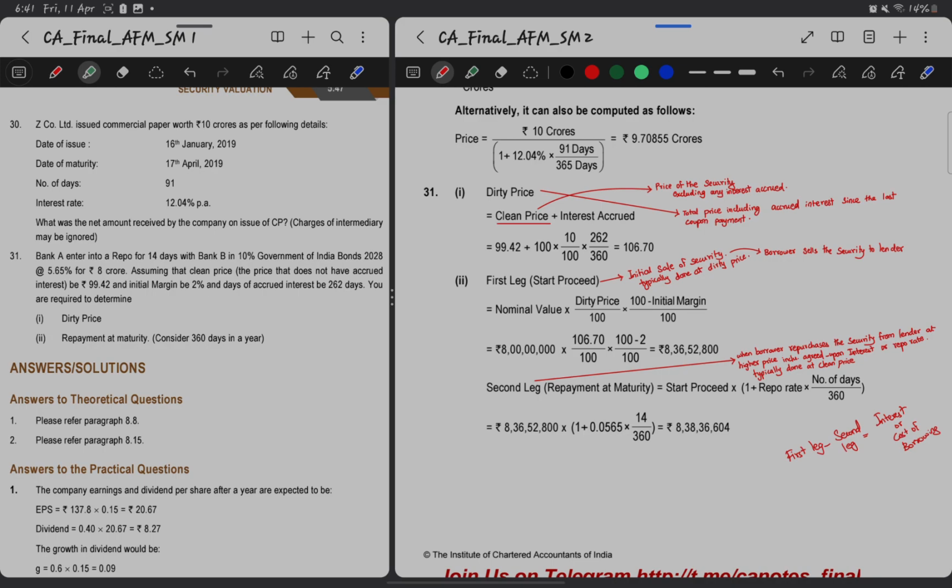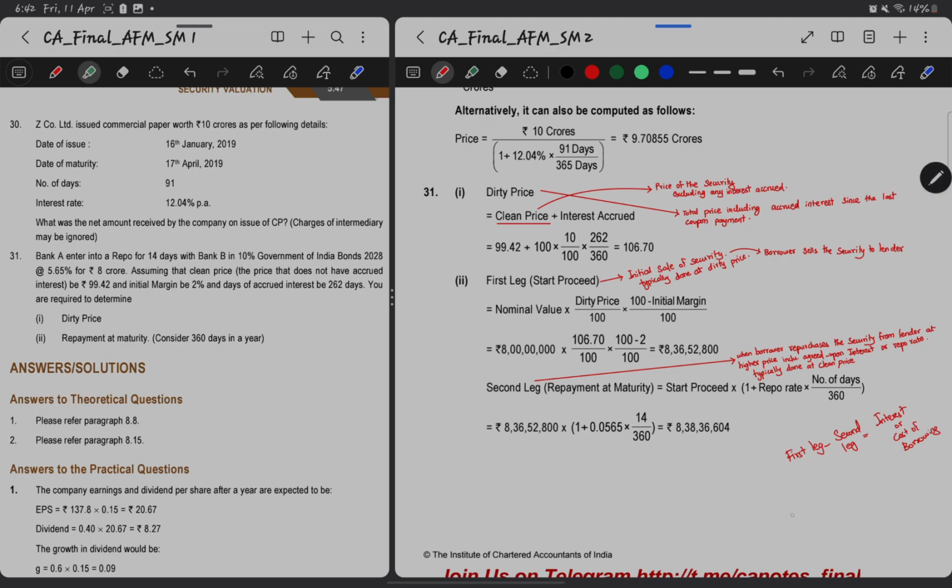So it is repayment at maturity because the first initial sale of security is now being repurchased. So the second leg will be done. At the repayment of maturity, when the second leg is happening, usually it is done on the clean price.